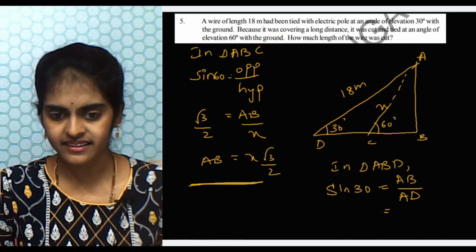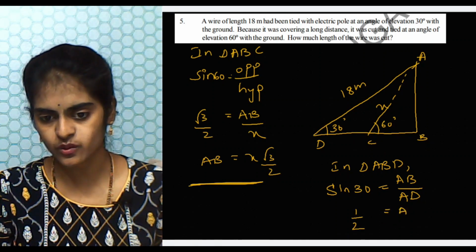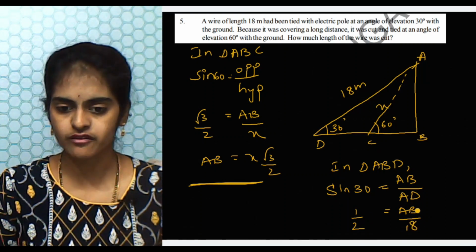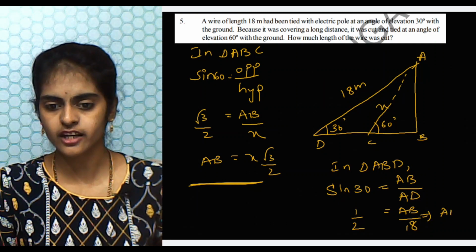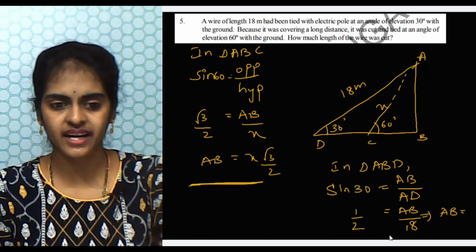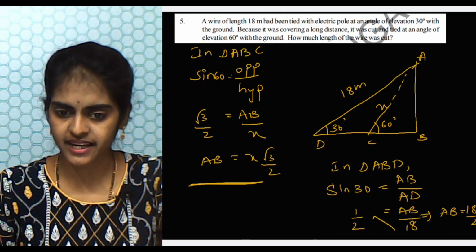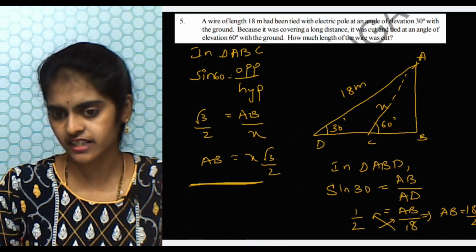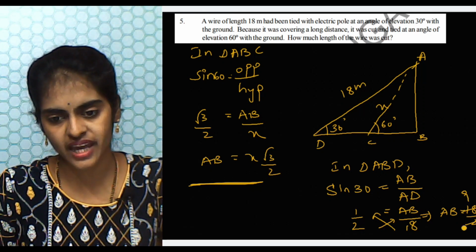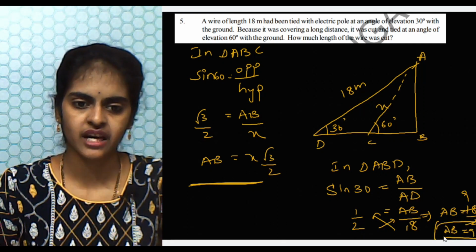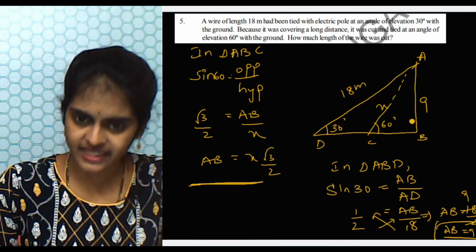Sine 30 is 1 by 2, equal to AB by AD, which is 18. From this, what is the value of AB? Cross multiplying, 2AB is 18, so AB is 18 divided by 2. AB is 9.